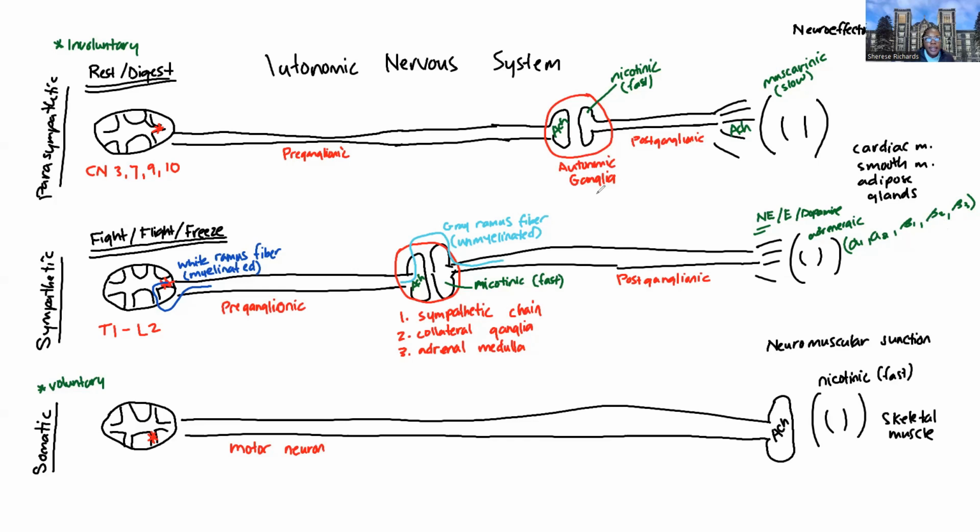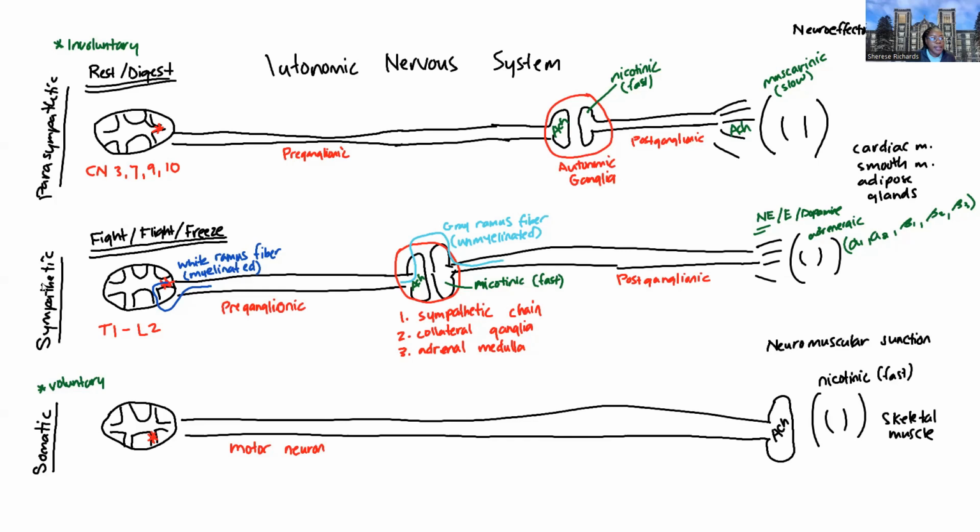Great. Let's see, another question here. Do the fibers leave the ventral horn in the sympathetic system too? Yes, correct. So both exit through the ventral root, excuse me, not horn. Let me just make a clarification here.